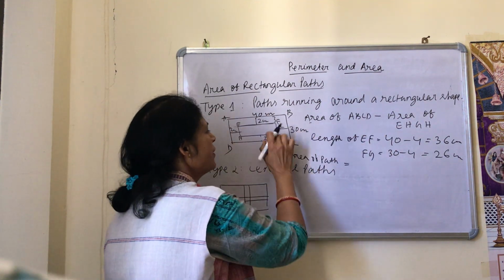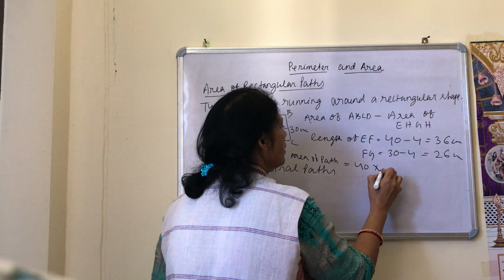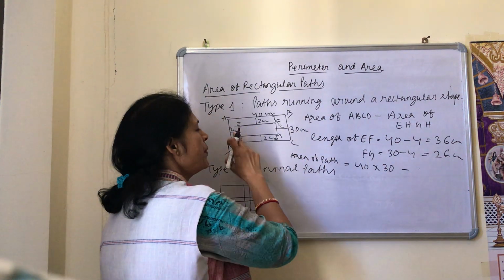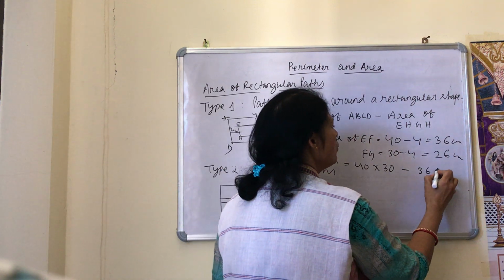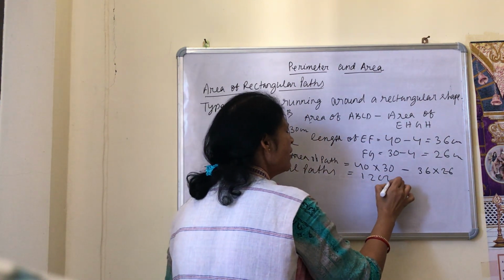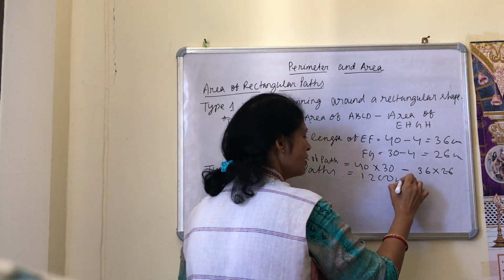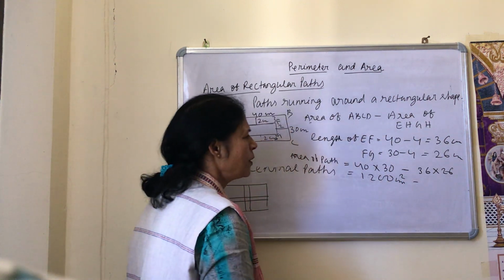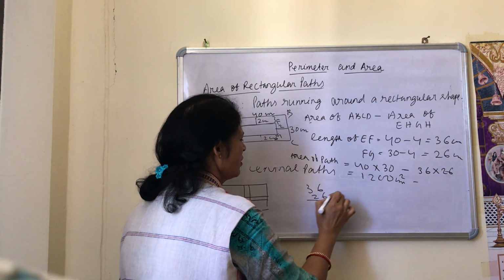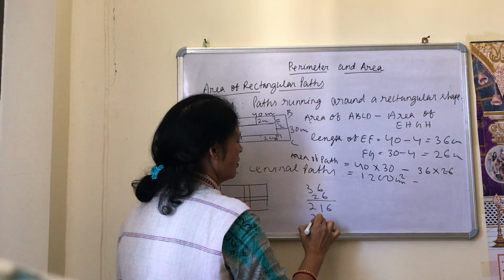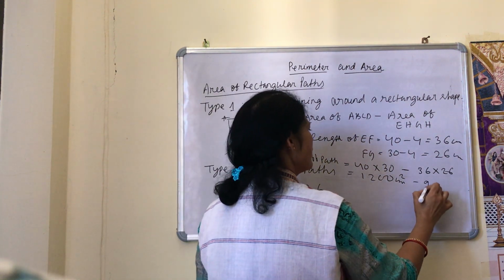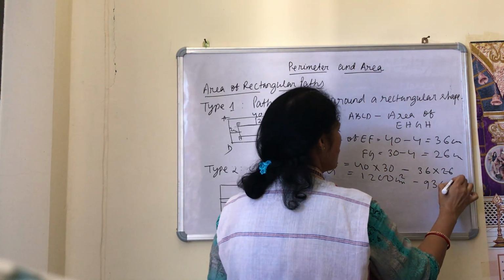area of ABCD, that means 40 into 30, minus area of EFGH. So 36 into 26. So 1200 centimeter square minus, you multiply 36 into 26, 936 centimeter square.